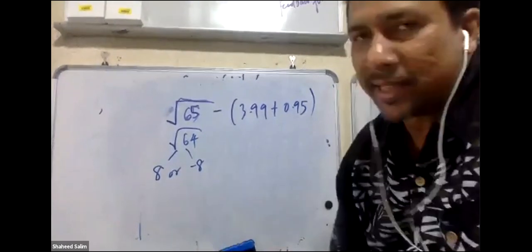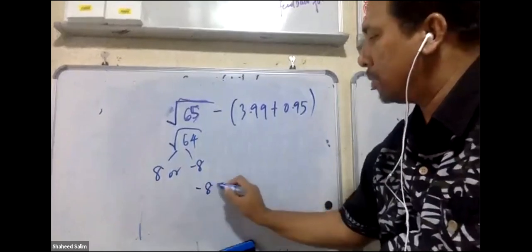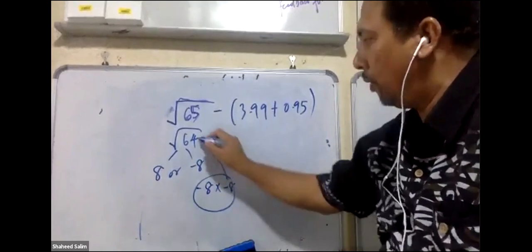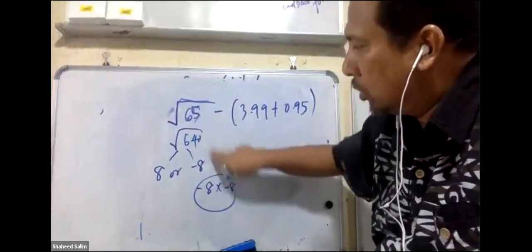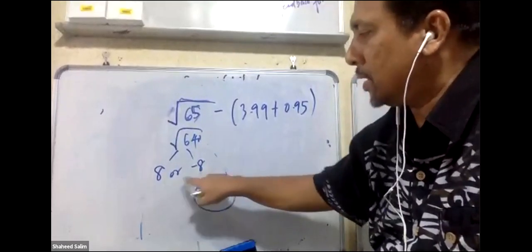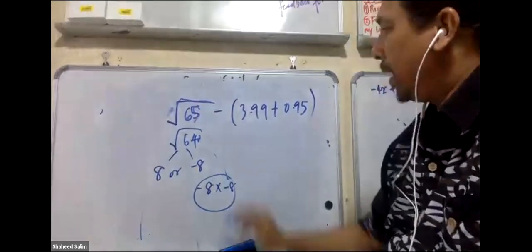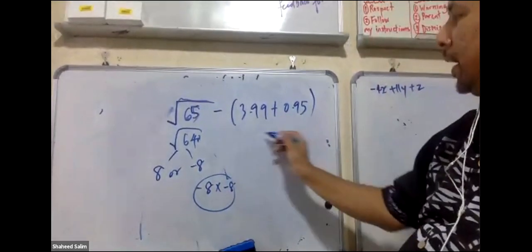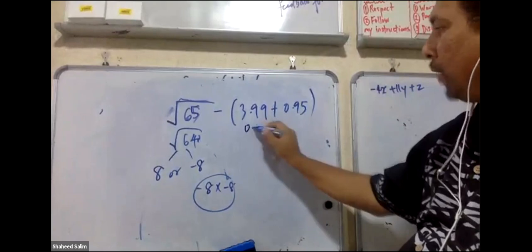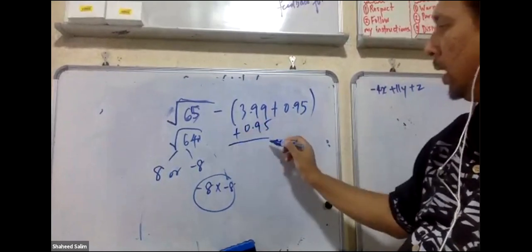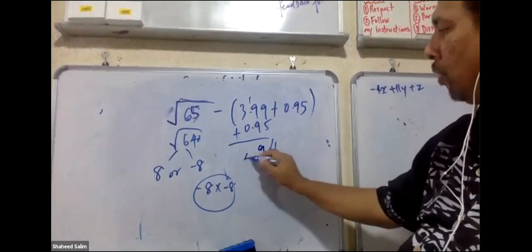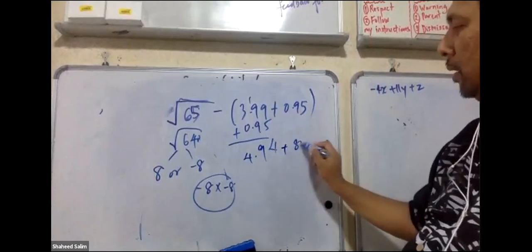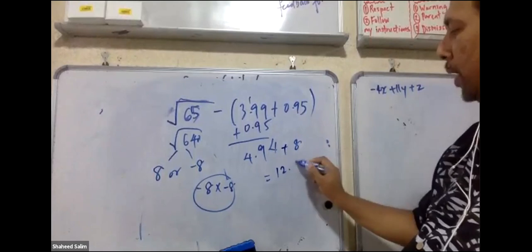So in this case, you see minus 8 times minus 8 is 64. Later on, your teacher will teach you that the square root of 64 is minus 8 or 8. So actually, you can add 4.94 plus 8, then you get the answer 12.94.